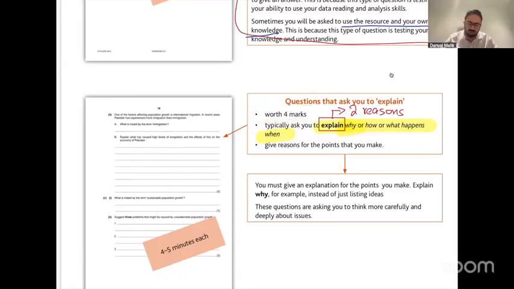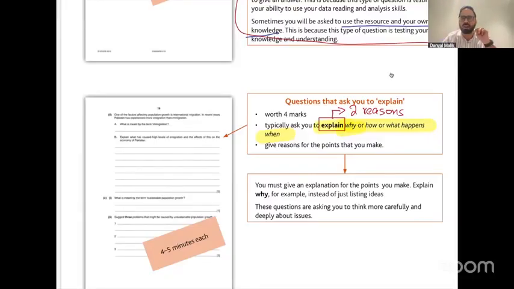So remember one thing: if you have a 4-mark question and the command word or keyword is explain, in that case, what will you do? You will write down 2 reasons in a 4-mark answer.